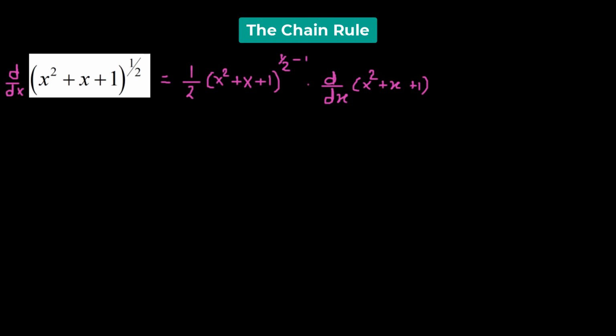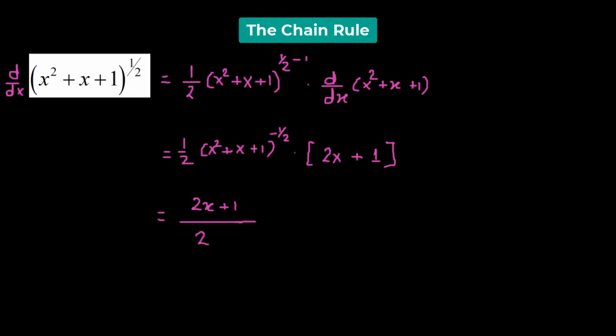That gives us half times (x squared plus x plus 1) raised to the power of half minus 1, which is negative half, times the derivative of x squared plus x plus 1, which is twice x, the derivative of x squared, plus the derivative of x, which is 1, and the derivative of 1 is 0. So we have (2x plus 1) over 2.